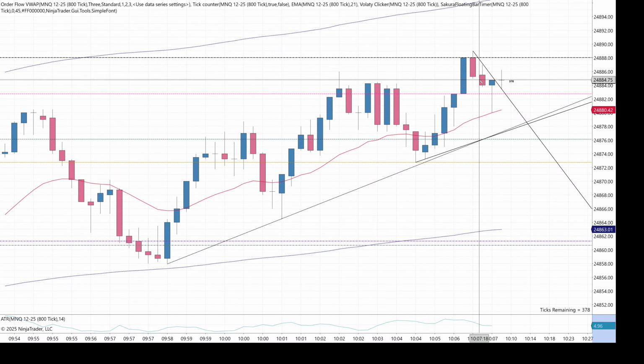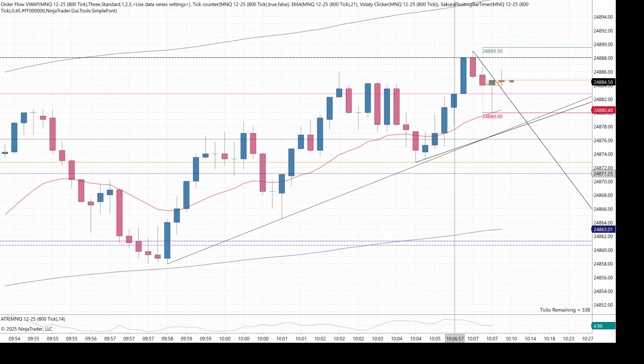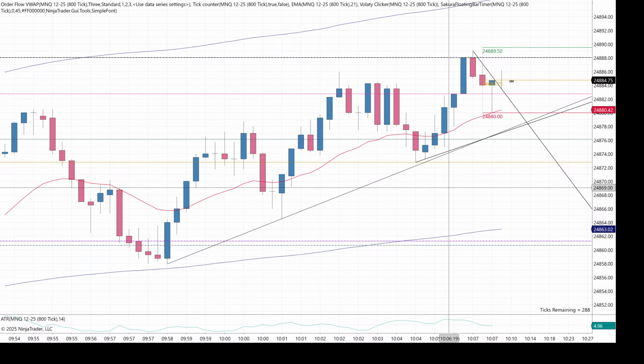This is a trigger higher, but I don't like being at all-time highs right now. Just going to wait. See if we can get a deeper pullback if we're going to go bullish.